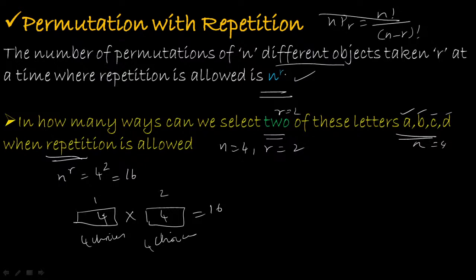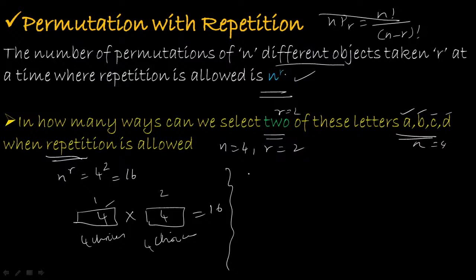Here there is only one position, but you have 4 possible choices. So the total number of possible ways is only 4. Either you have to take A, B, C or D here. So, I will give you the detailed selection of 2 letters among these 4.